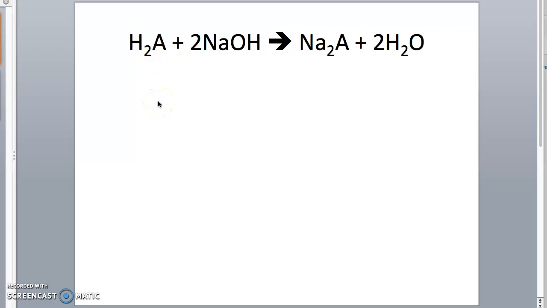The A is not an element, but since it's an unknown, I'm just going to call it H2A. So I'm going to add sodium hydroxide, producing a sodium salt of whatever that anion is, and water. And when I balance it, I realize that I use 2 NaOH for every one of this unknown acid. So that's the mole-mole relationship there.